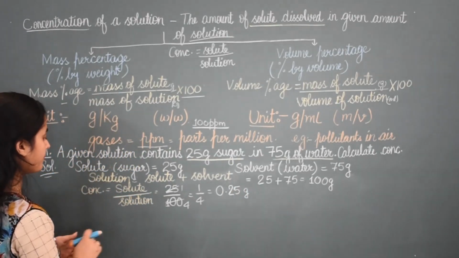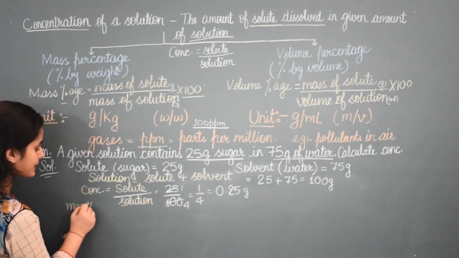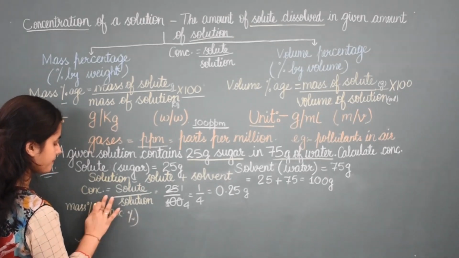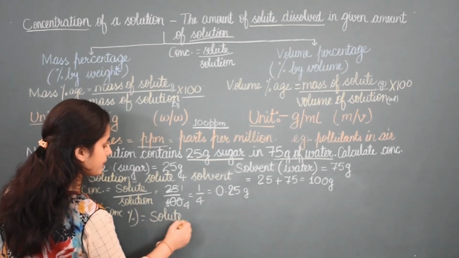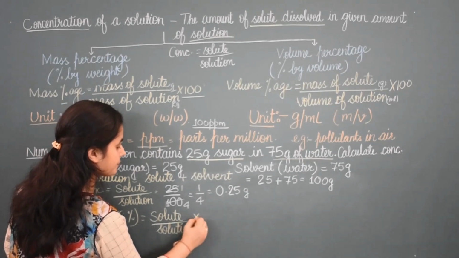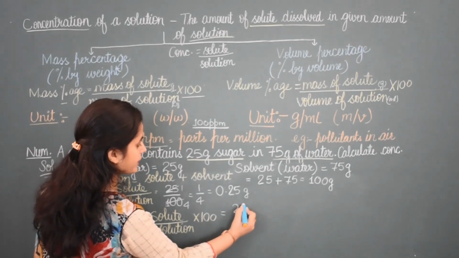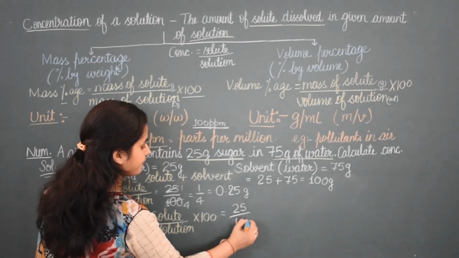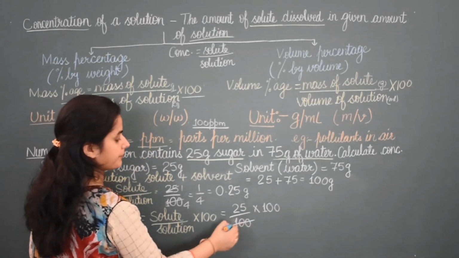Okay, and when we have to find the percentage, mass percentage or concentration percentage, then solute upon solution into 100. So solute is 25, solution is 100 and multiply by 100.